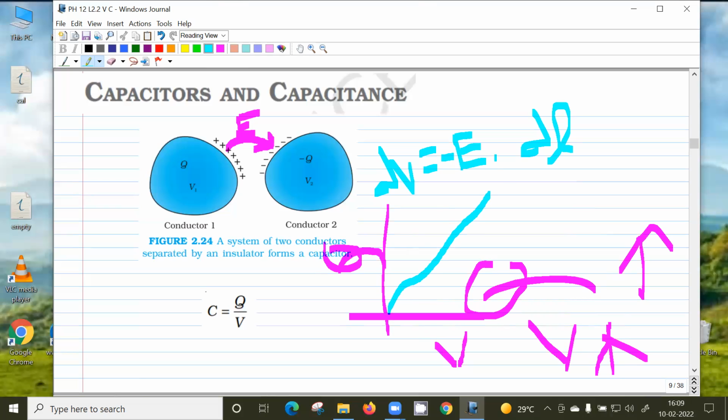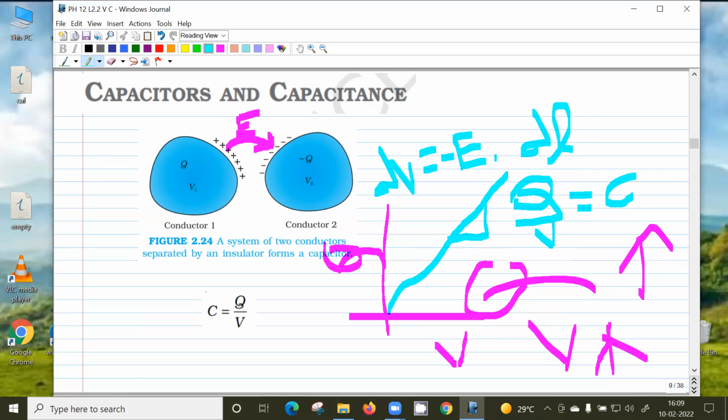This is for a simple, or you can say ideal, capacitor. And this slope is how much? Q by V. And what is that Q by V? That constant of proportionality is defined as the capacitance. This is similar to Ohm's law for resistance.